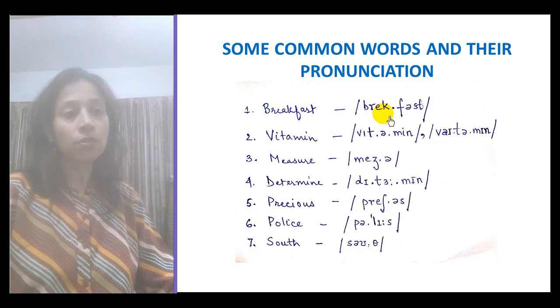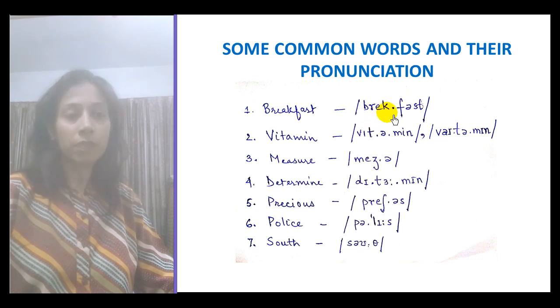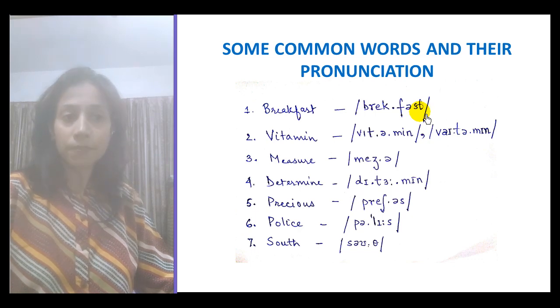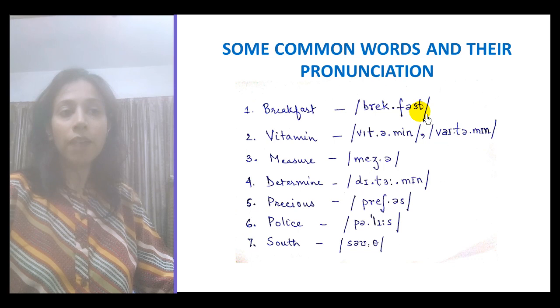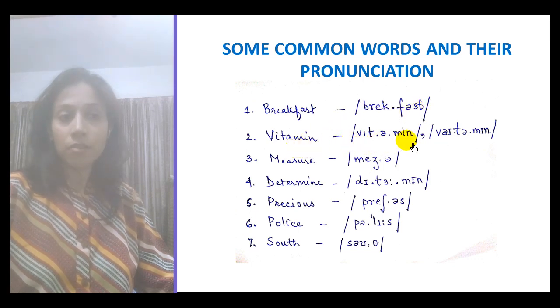Right? So you can see for the first word we have the sounds b, r, e, k, which means break. And then the next syllable we have f, and then there's a schwa, a small schwa, s and t, first. So it becomes breakfast. Then we have vitamin, right?